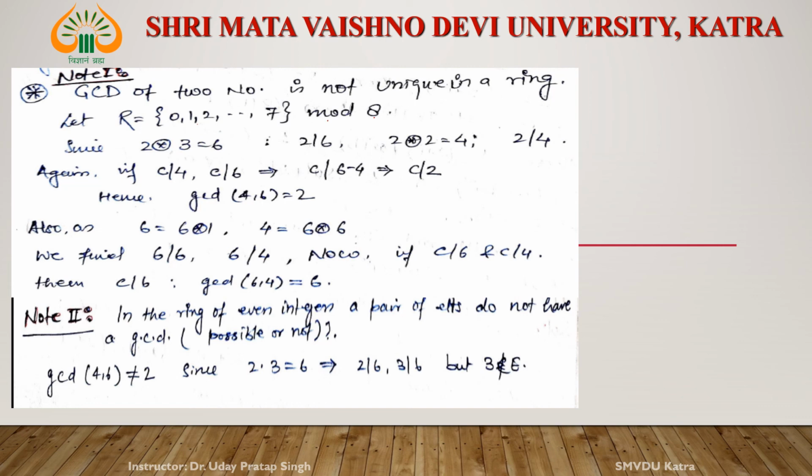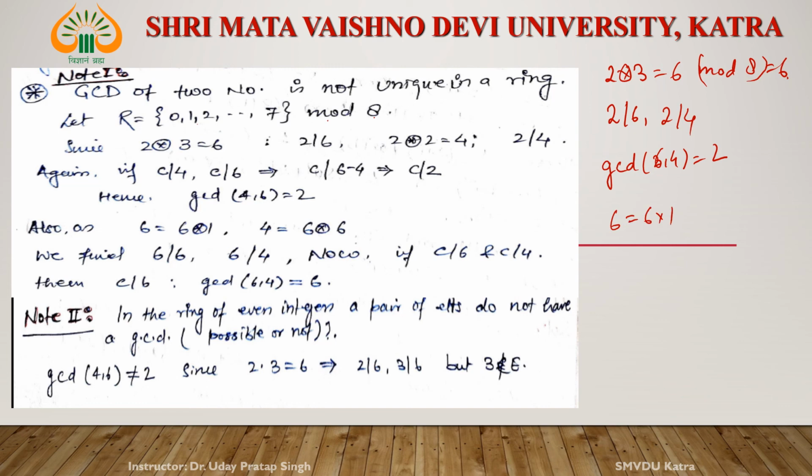Then what is 2 cross 3? 2 cross 3 is equal to 6. 6 modulo 8 is 6. This 2 divides 6, yes. And 2 divides 4 also, yes. Then GCD of 6 and 4 is equal to 2.